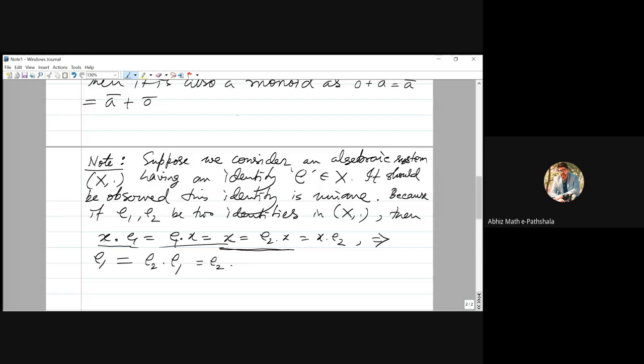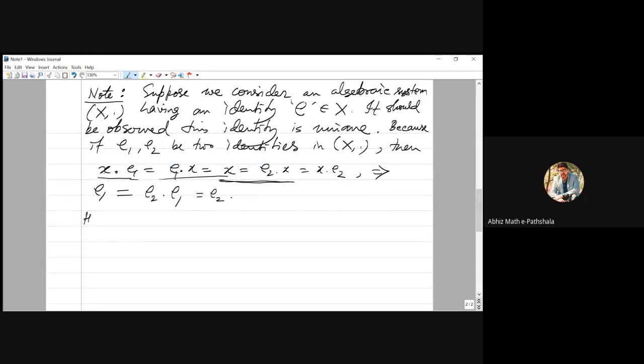So then putting e2 here, e2 dot e1 is going to be e2, right? So hence the existence of identity in an algebraic system is certainly unique.